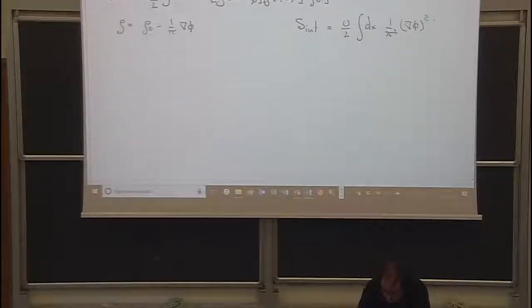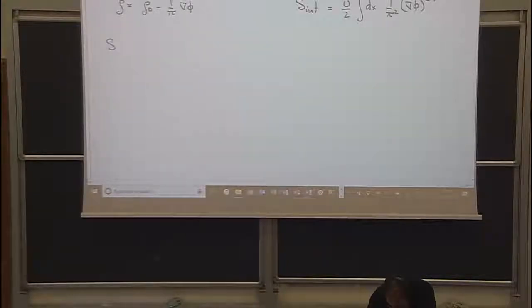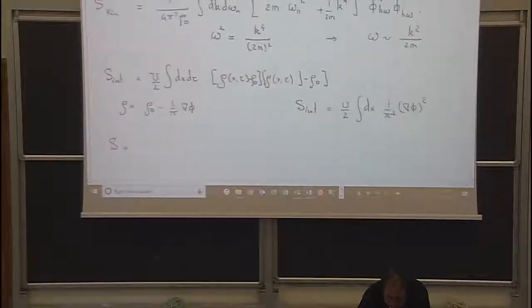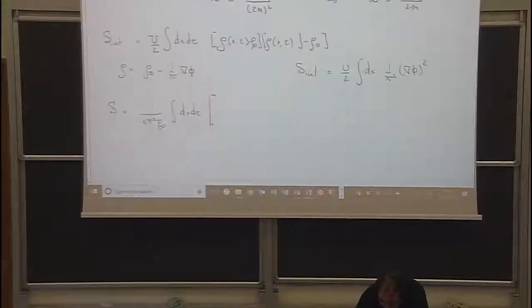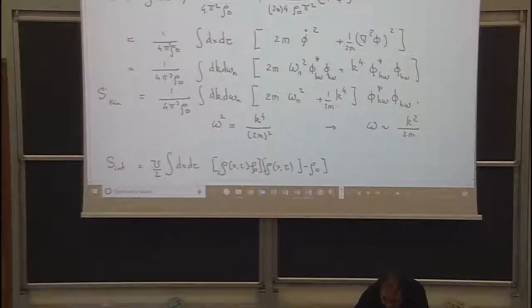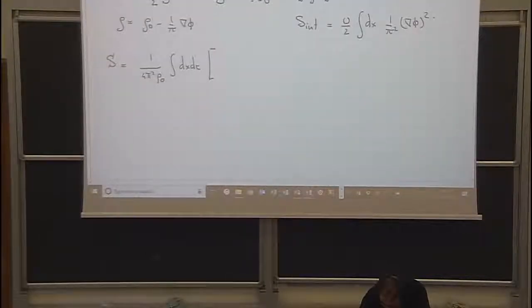So at the end of the day, my total action is something like, okay, a prefactor which I hope I got right, but I don't really care. Something like the integral over dx d tau of 2m, let's say, phi dot square plus 1 over 2m grad square phi square. That was my kinetic energy. And then I get a term which is u over 2 pi square grad phi square.